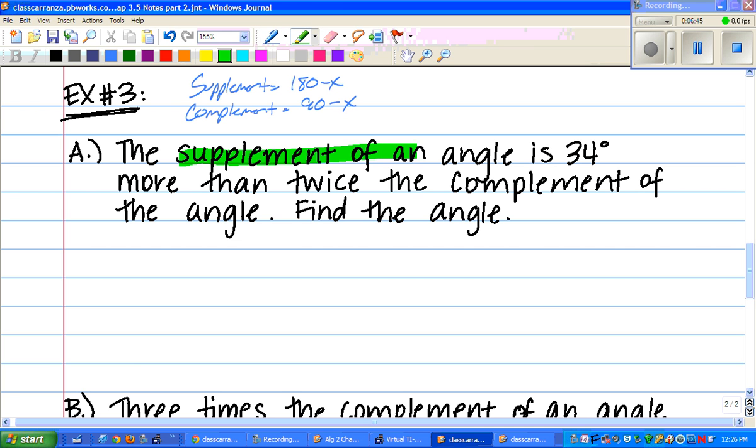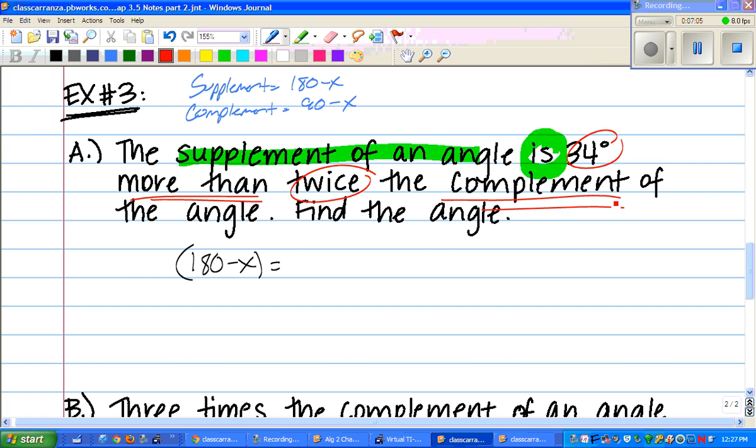So, the supplement of an angle is, so I'm going to write that down, the supplement of an angle is, and now it says 34 degrees more than twice the complement. All right, so more than, that means that jumps to the back.